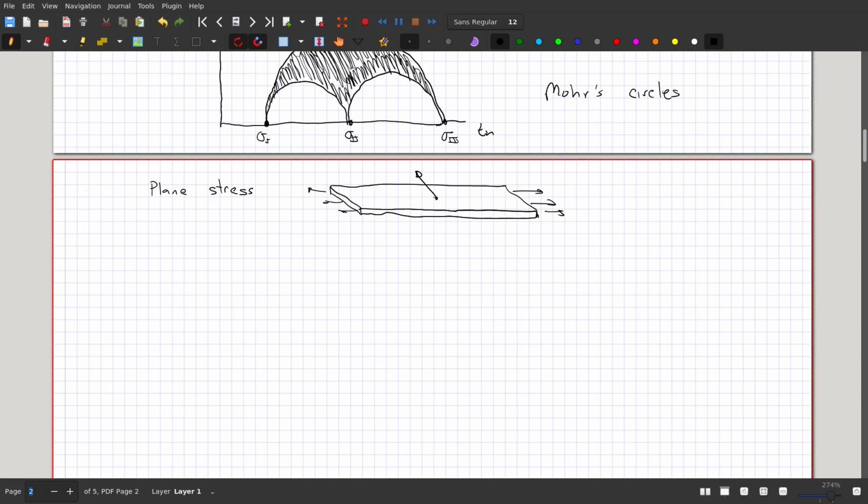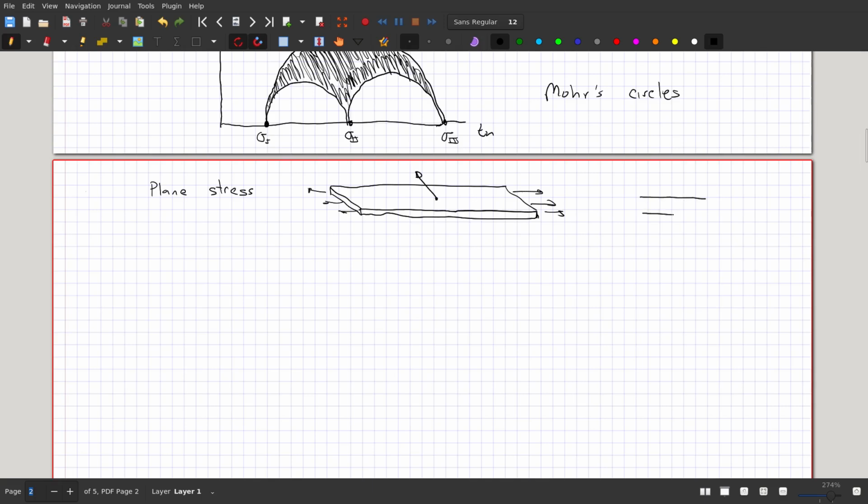And so if you have a very long, narrow sheet, and you imagine looking at the cross section of stress through it, if it's a free surface here and the value is 0, and it's a free surface here and the value is 0, and it's a very thin sheet, then it's hard to imagine there's going to be some enormous stress through the plane, I'm sorry, in the normal direction.